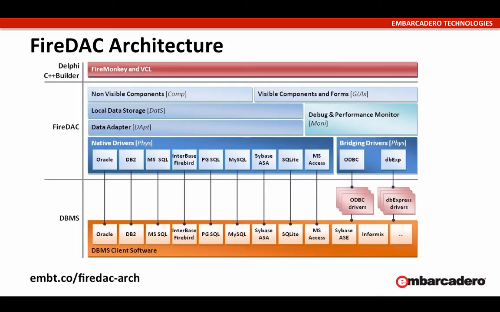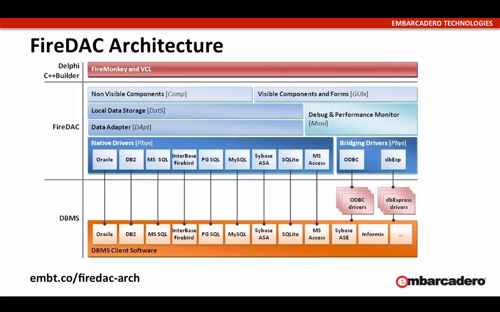Here we have a graphical overview of the FireDAC architecture. FireDAC has a loosely coupled multi-layered architecture where layers provide services. Both visual and non-visual components are shown. Physical links go to the native drivers for each of the native SQL databases or local databases that you might want to access, which includes InterBase, as well as InterBase ToGo and InterBase Lite, which is now available for use with Windows.